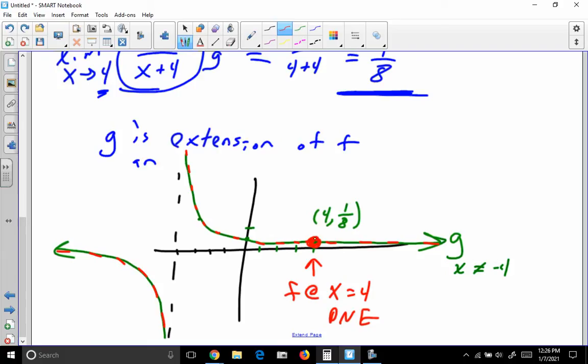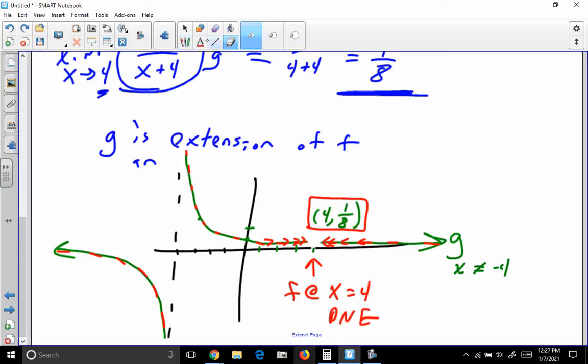Well, if there's a hole there, all these points around it seem to be pointing towards where that hole is. So g and f are approaching the same point. g actually gets there. f, there's a gap there.